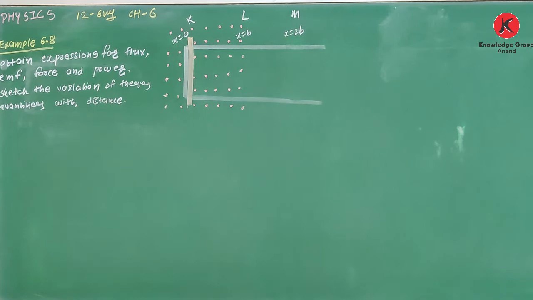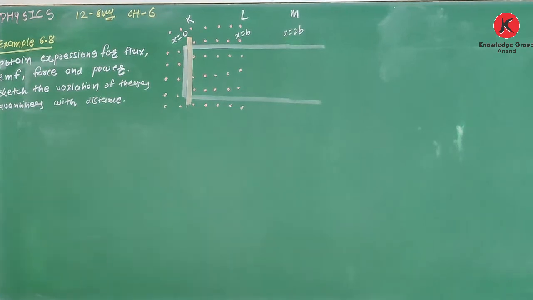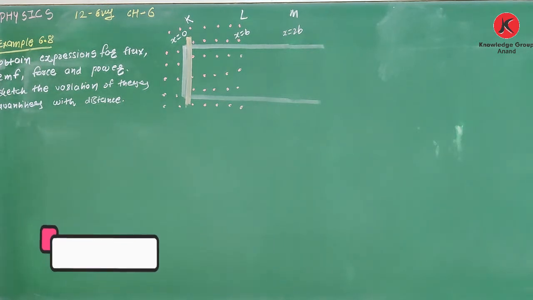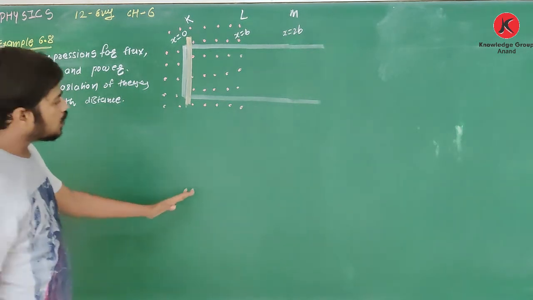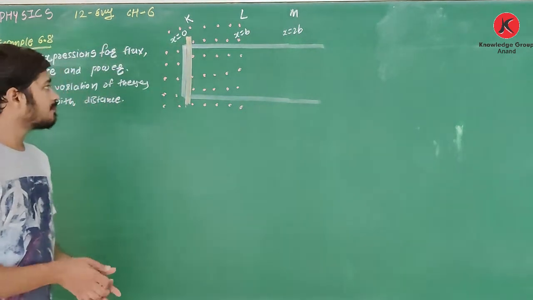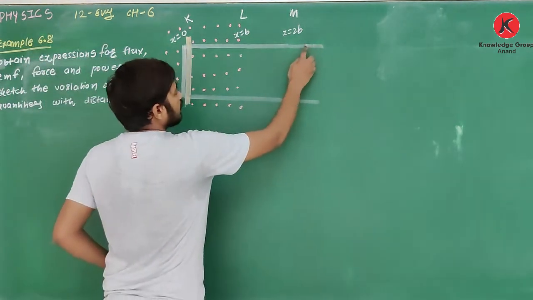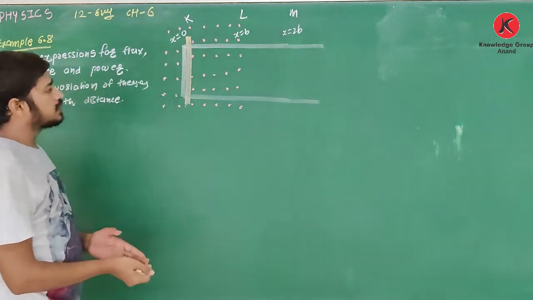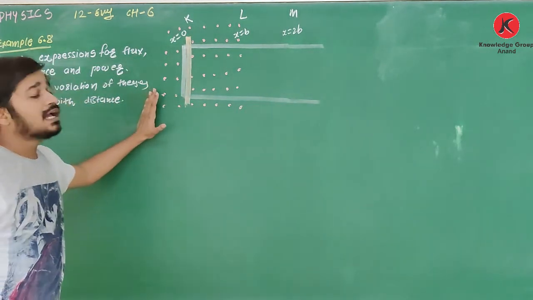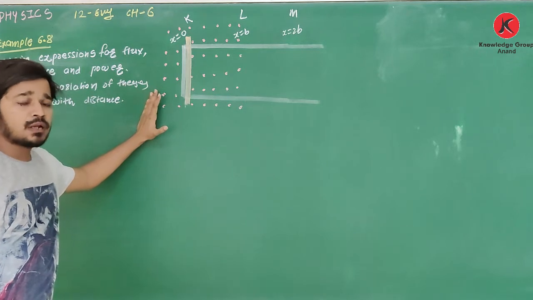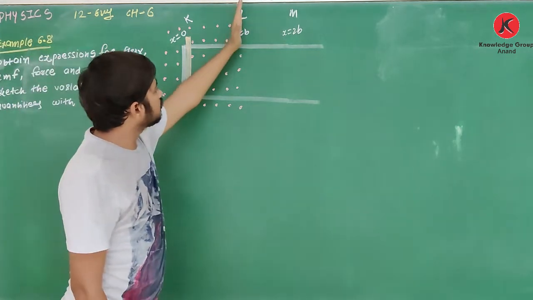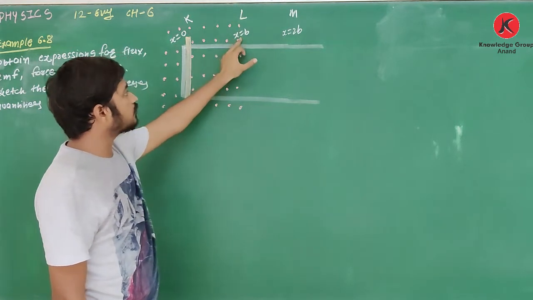Good morning, students. Chapter 6, Electromagnetic Induction. Yes, we will see one example today. Example 6.8. You are given one U-shaped frame, which is placed in a magnetic field perpendicular to its plane, but this magnetic field is up to this region only, up to x is equal to b.